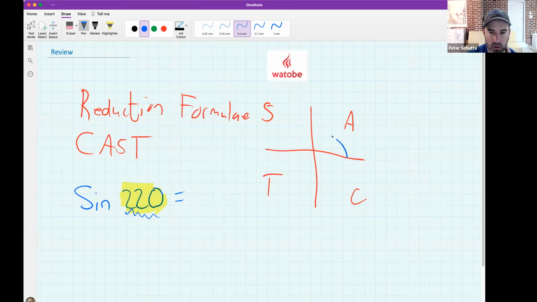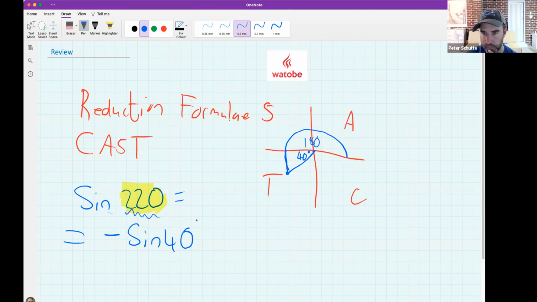But what we can do is build a triangle in the third quadrant, in which case the reference angle that goes with 220 is actually 40, because it's 180 plus 40. Using the CAST diagram, we know that sine is negative in this quadrant, and so the sine of 220 is the same as minus the sine of 40.